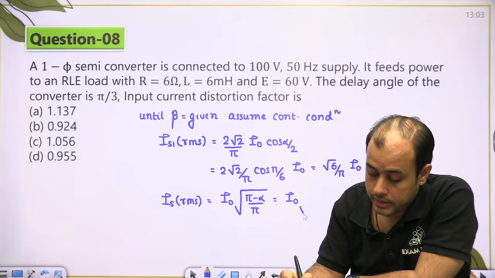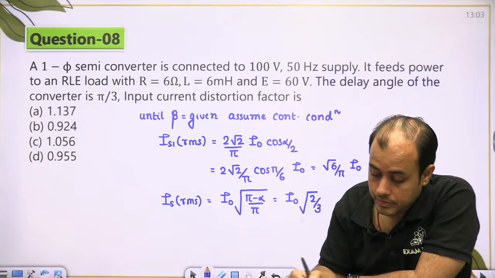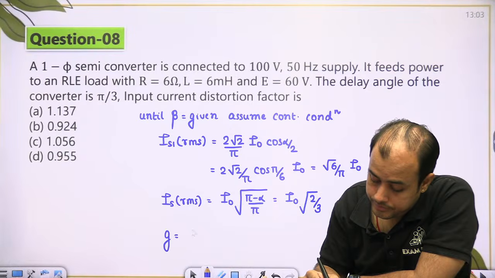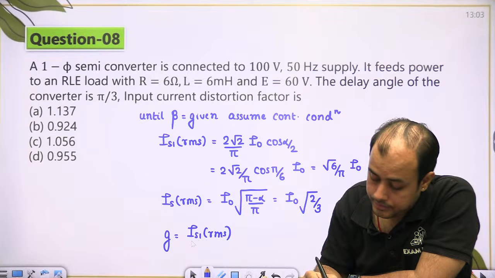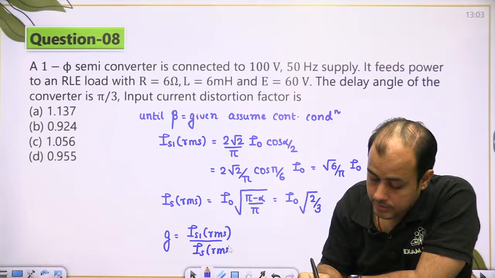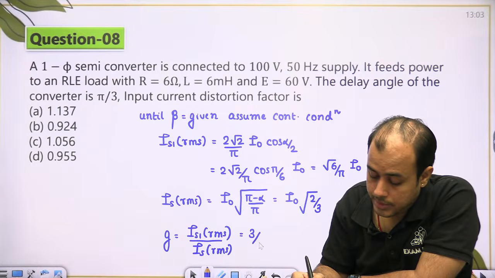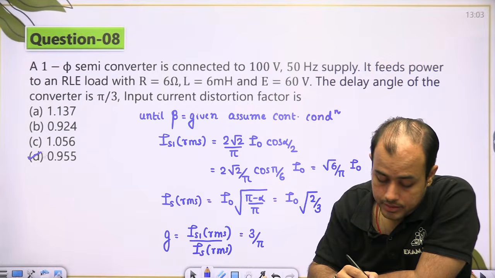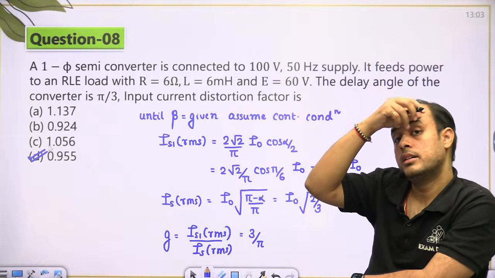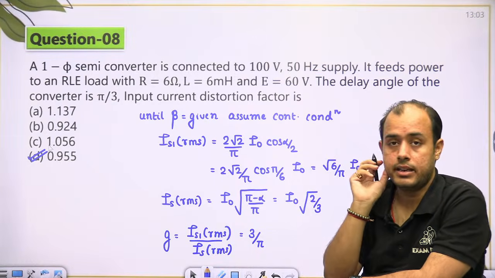Alpha is pi/3. So G is fundamental RMS by total RMS, which is 3/pi. D option. Answer is D, 3/pi. Okay.